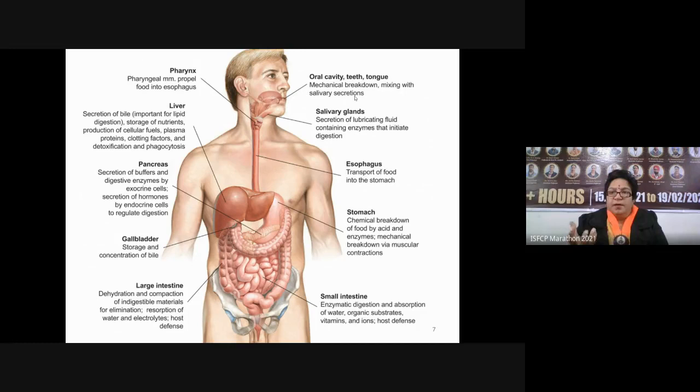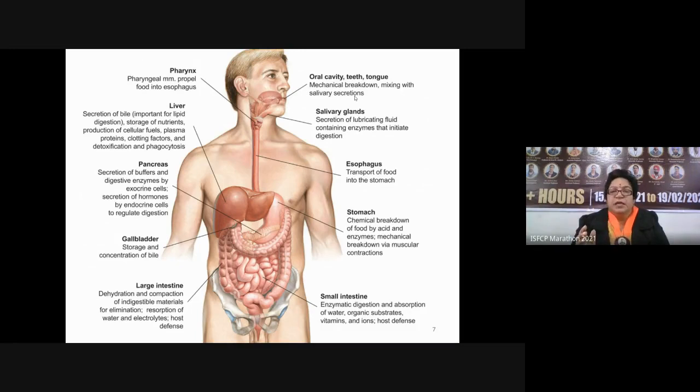So that saliva is very important, and you must have watched in videos, or your elders must have told you, that we have to chew the food properly, because the smaller the particle size, the better is the mixing with the saliva. So this lubricating fluid contains enzymes and it starts the process of digestion.